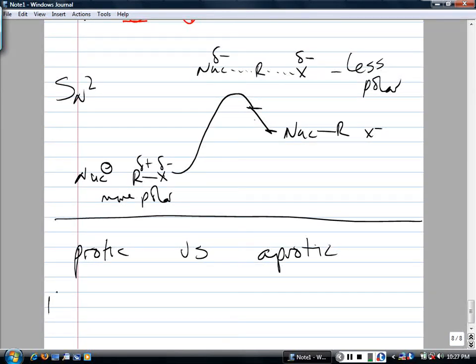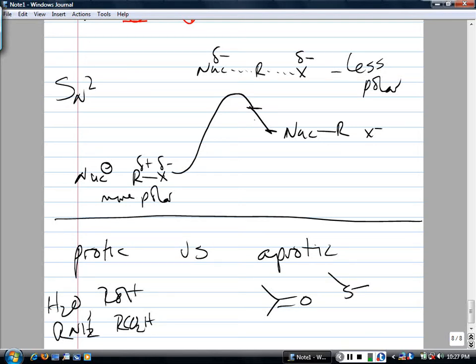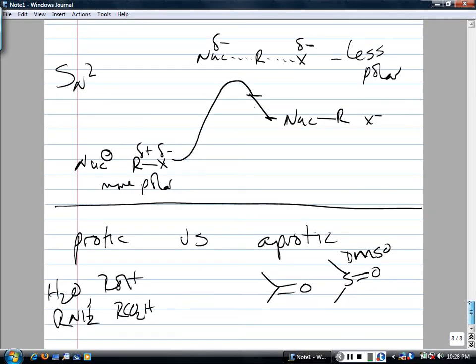So protic solvents include water, alcohols, amines, carboxylic acids, amides, and so on. Aprotic solvents are things that cannot hydrogen bond. So for example, acetone is an aprotic solvent. We talked about DMSO. DMSO looks very much like acetone. This is called DMSO, dimethyl sulfoxide. That's an aprotic solvent.